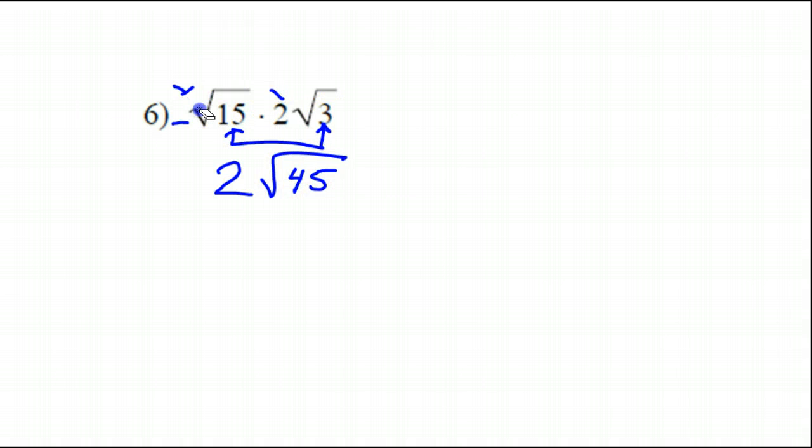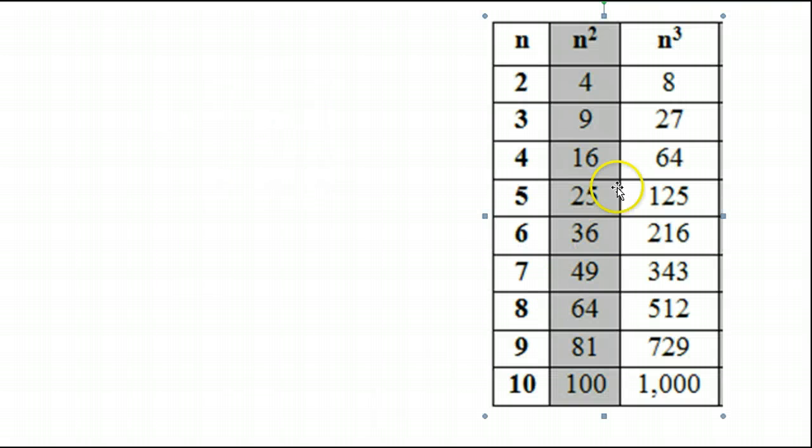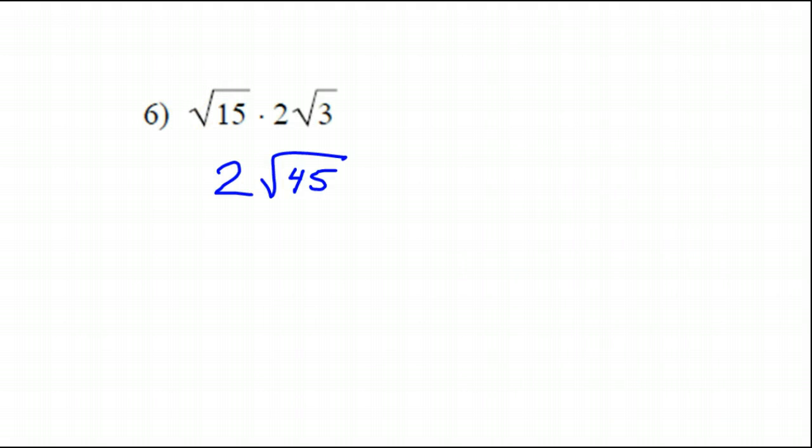Okay, and now I will go ahead and simplify like always. Square root of 45. What perfect square goes into 45? Remember your perfect squares: 4, 9, 16, 25. Which one of these goes into 45? 9 does. Because 45 can be written as 9 times 5.